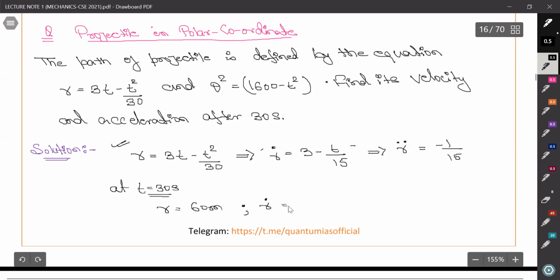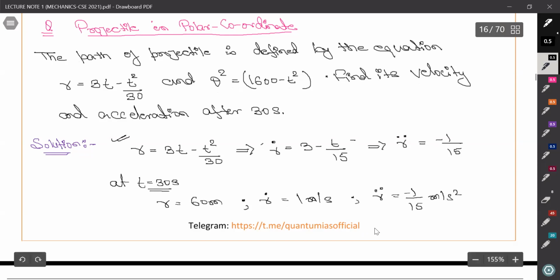R dot will be equal to 1 meter per second. These are very easy to find. And R double dot is minus 1 by 15 meter per second square. So we have written our values.